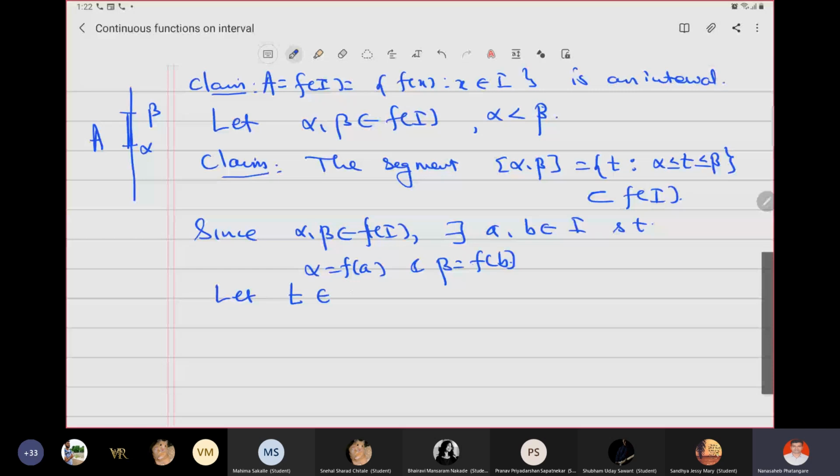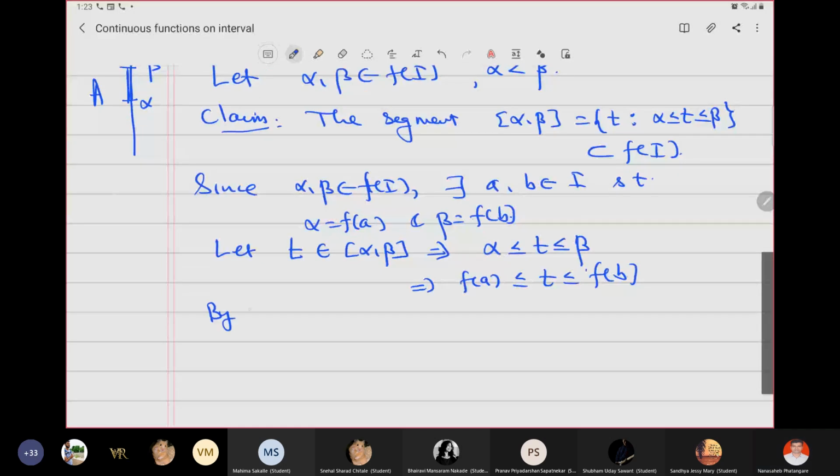So by the intermediate value theorem, what happens? t lies in between f of a and f of b, and f is continuous. So by the intermediate value theorem, there exists c belonging to the domain such that f of c is equal to t.